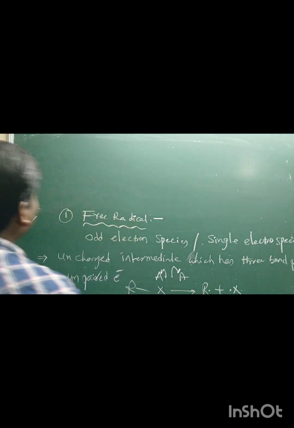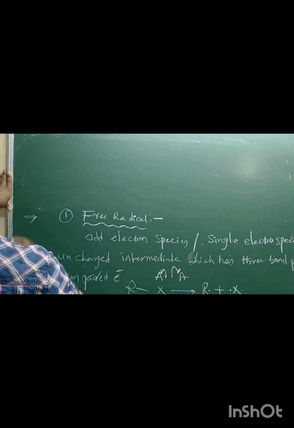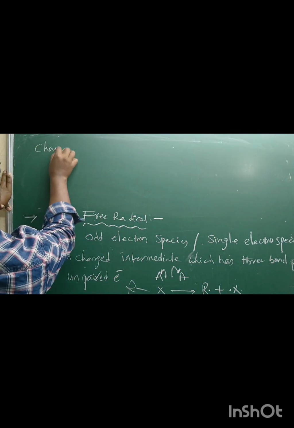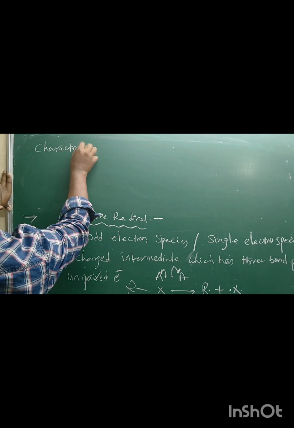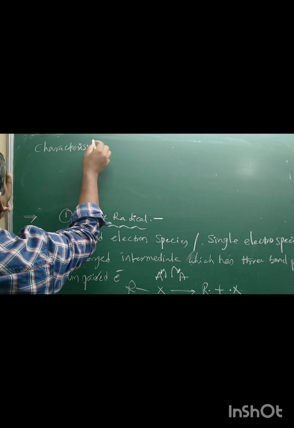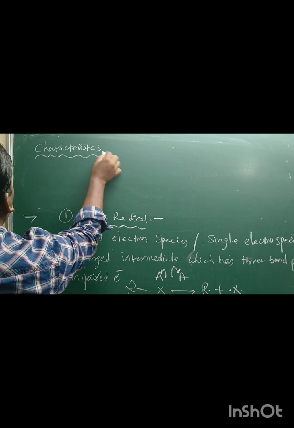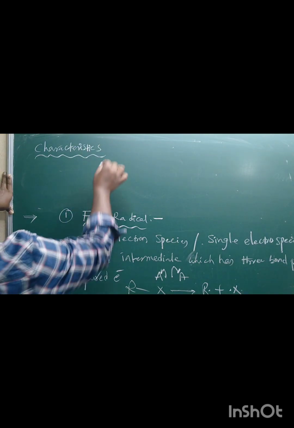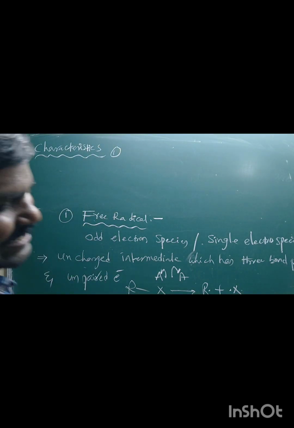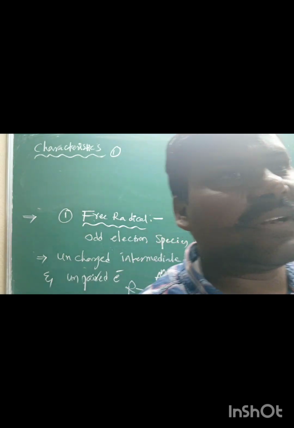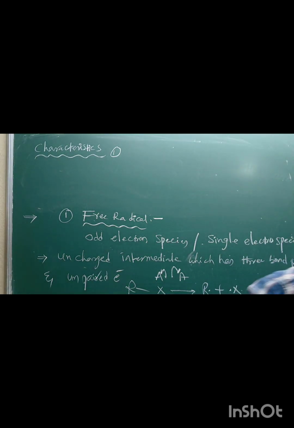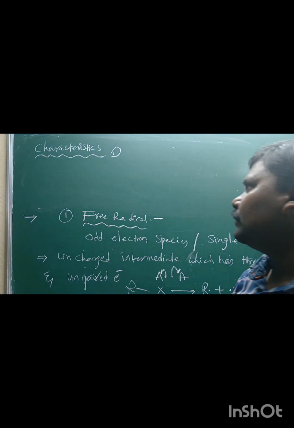What are the characteristics of free radicals? It is a neutral species as well as an uncharged species. Free radicals are electrically neutral and they are highly unstable.